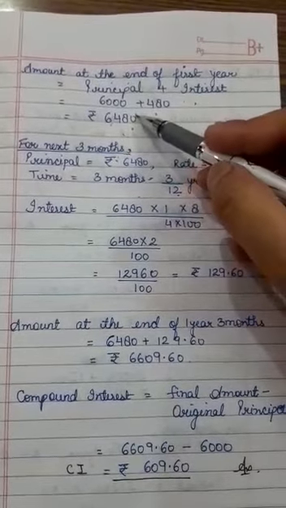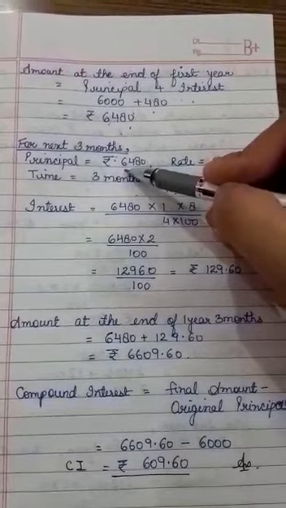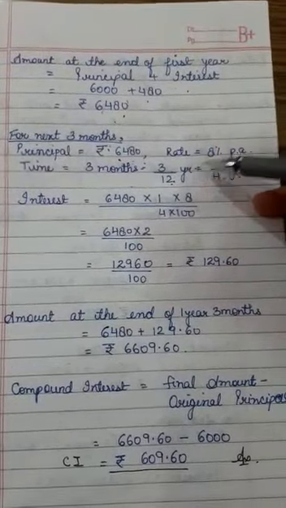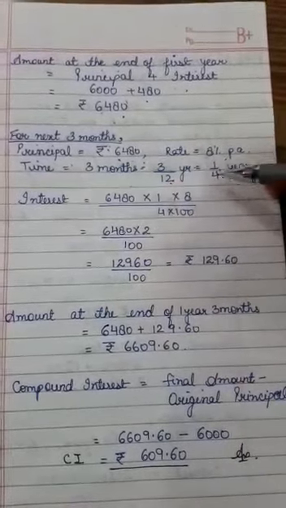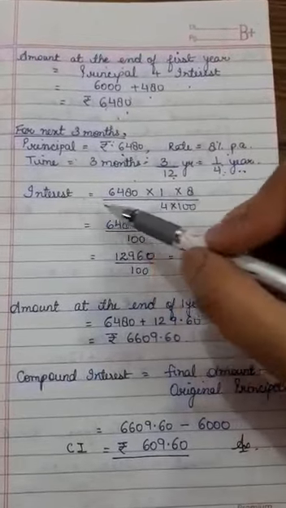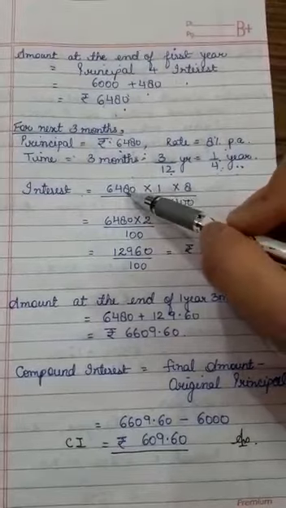The amount at the end of the first year will be considered as the principal for the next 3 months, that is rupees 6480. Rate 8% per annum. Time 3 months converted into years, 1 upon 4 year. Thus interest will be calculated with the formula P into T into R upon 100. Substitute the values.